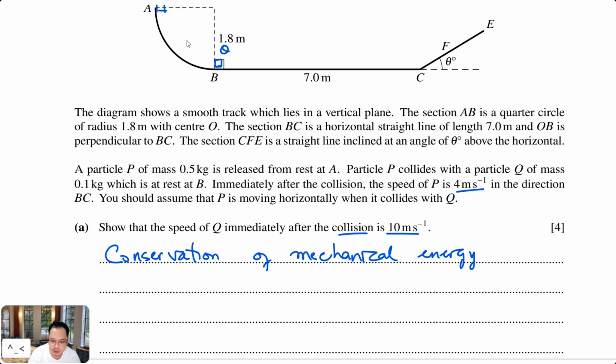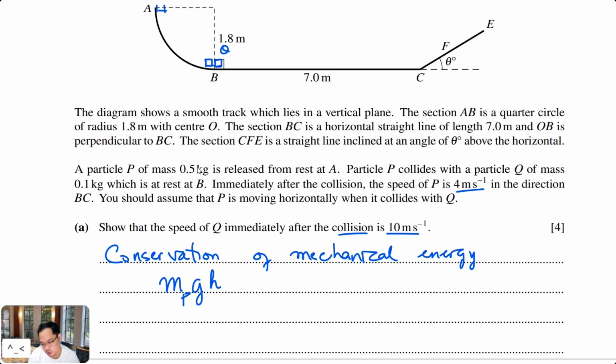So its initial mechanical energy is gravitational potential energy, mgh, where m is the mass of the particle P.